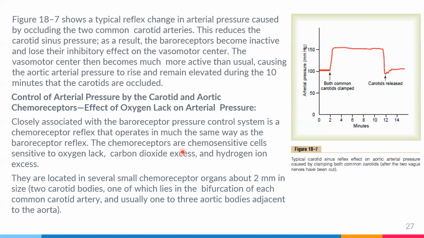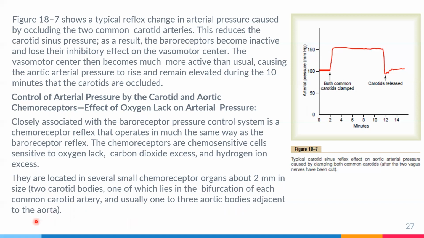The chemoreceptors are chemosensitive cells sensitive to oxygen lack, carbon dioxide excess, and hydrogen ion excess. They are located in several small chemoreceptor organs about 2 millimeters in size. These are known as the two carotid bodies, one of which lies in the bifurcation of each common carotid artery, and usually 1, 2, or 3 aortic bodies which are adjacent to the aorta.